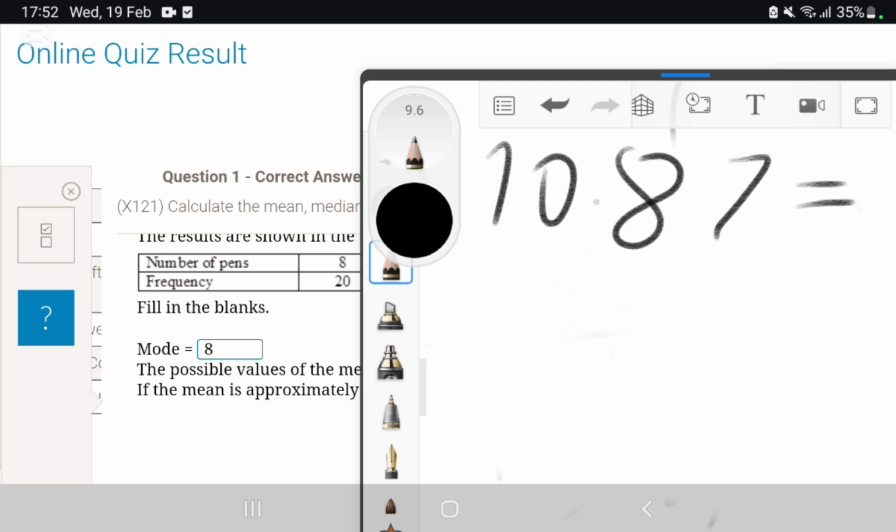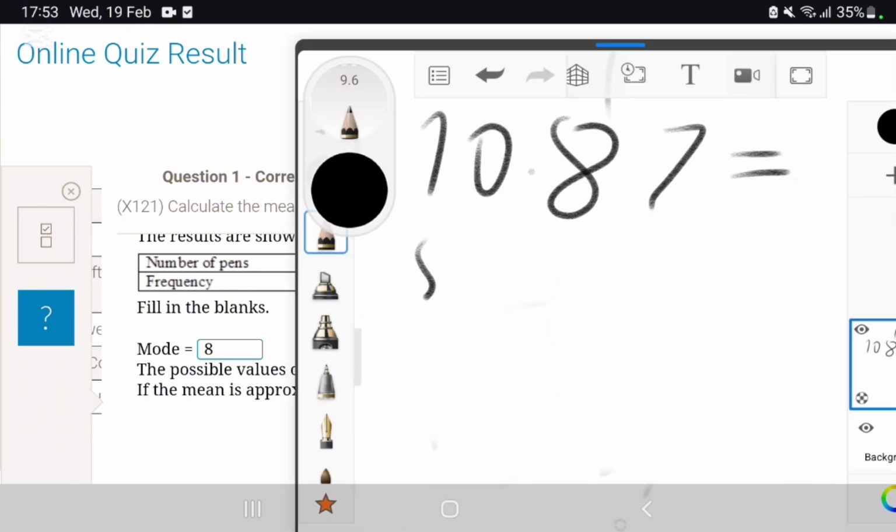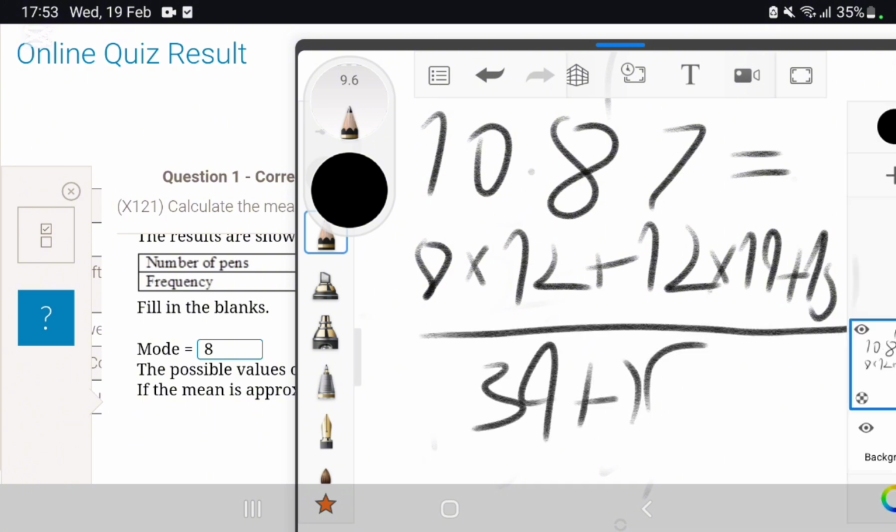Since we know that the mean is equal to the number of pens in this case times the frequency, the summation of all of that, divided by the total frequency. So it's going to be 8 times 12 plus 12 times 14 plus 15x over 34 plus x.